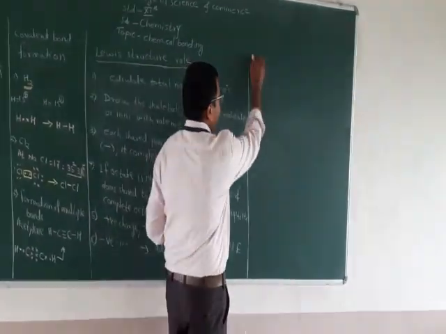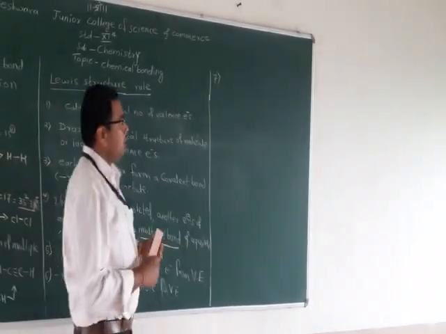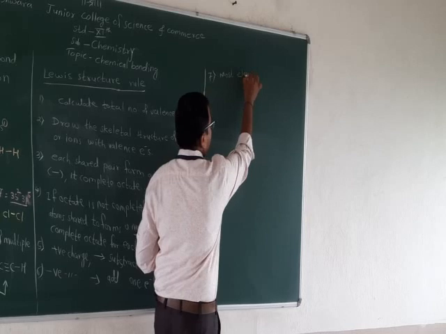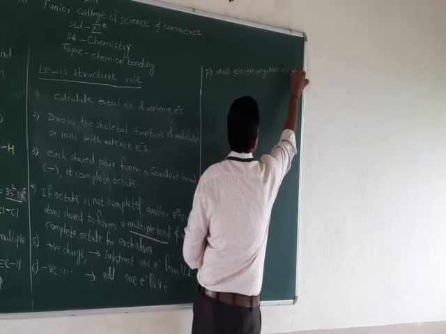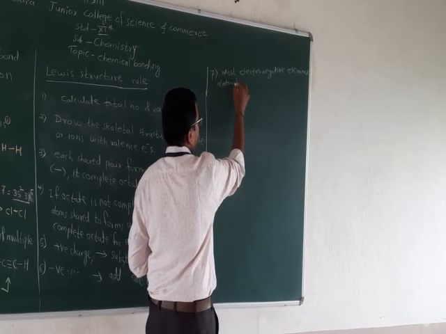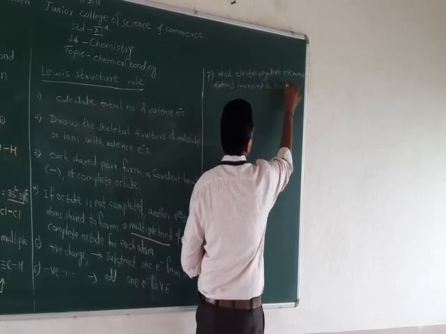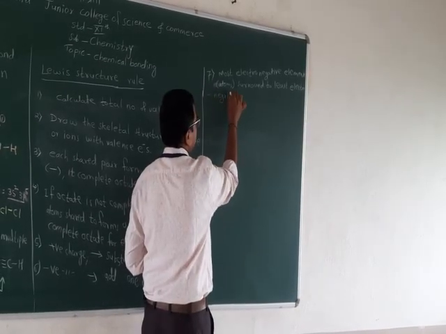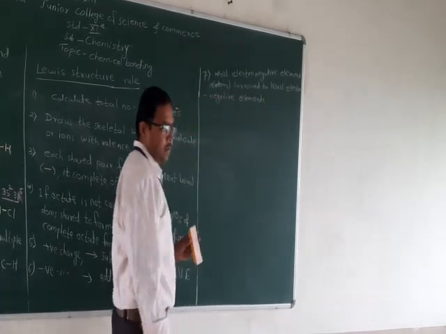The next rule, seventh rule. In a molecule, the most electronegative elements or atoms are surrounded to the least electronegative elements or atoms.